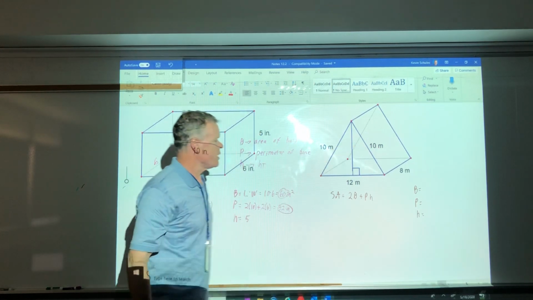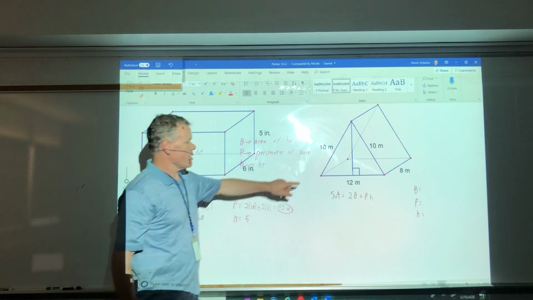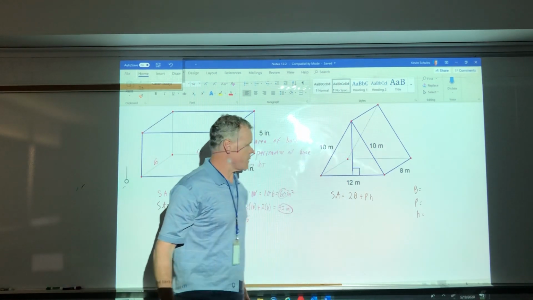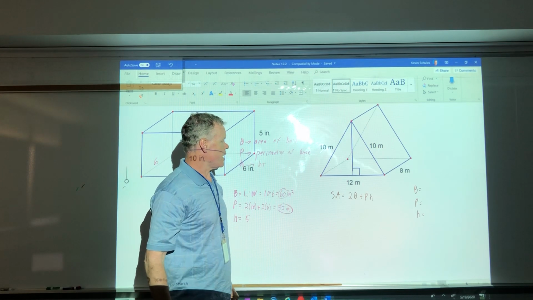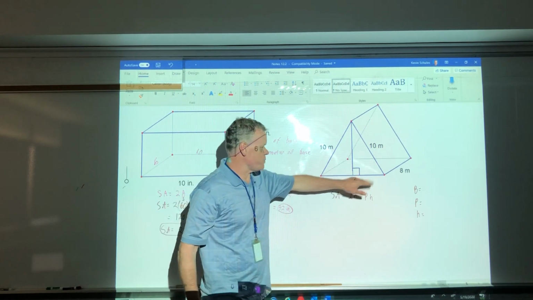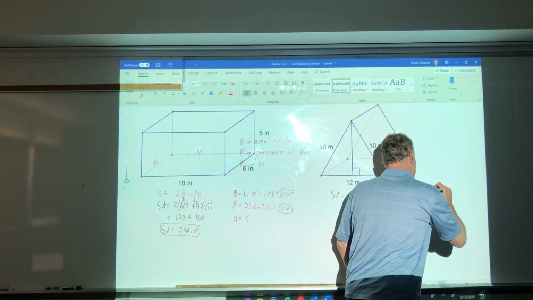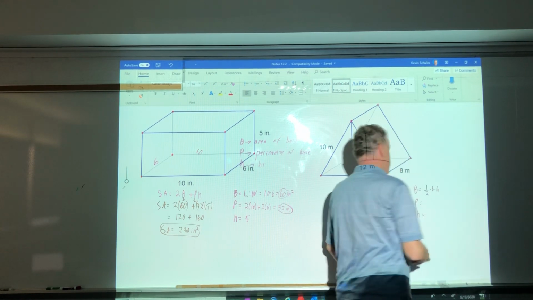This is where we're going to find the area. To find the area of the base of a triangle, remember that's 1/2 the base here. Not the big B, but this would be a small b. This would be 1/2 base times the height.